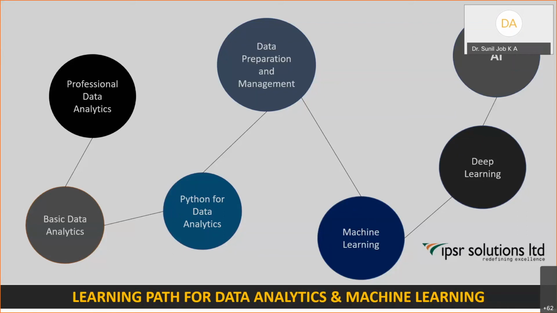And then at the next level, you can enter the shoes of a machine learning engineer, where you will be building different models for predictions and analysis. At the next level, you will deal with classical machine learning models like classification and prediction models.